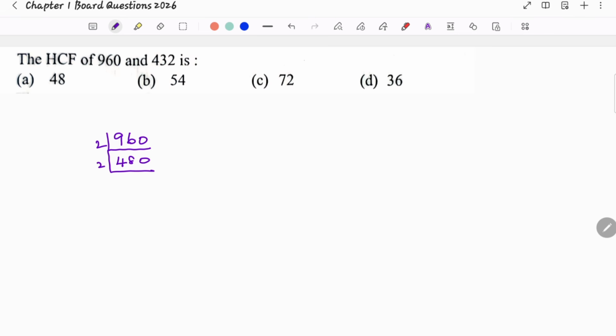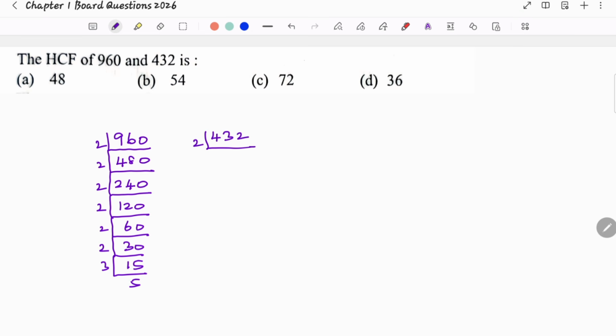Again divided by 2, it's 240. Again by 2, 120. Again by 2, 60. Again by 2, 30. Again by 2, 15. Now divided by 3, 5.